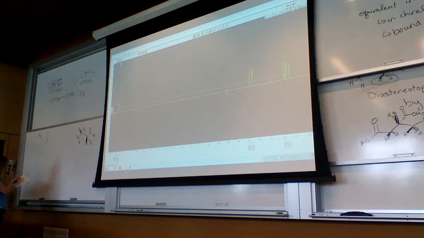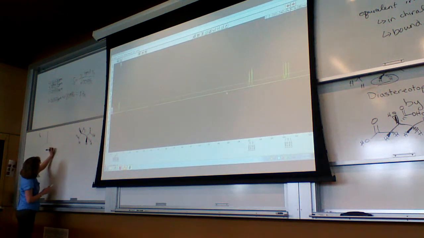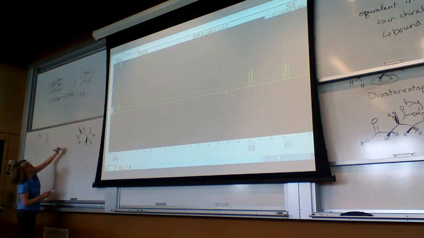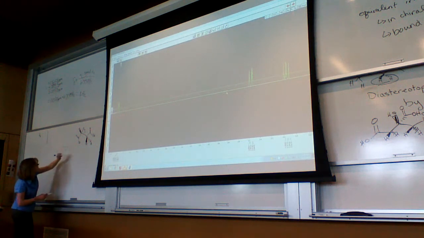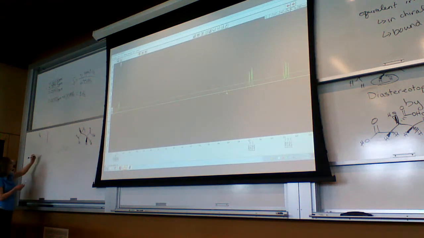Yeah, that's a constant. Okay, so JAC actually is the 10.25 hertz, which gives us a doublet. So that's now split the peak into 2.